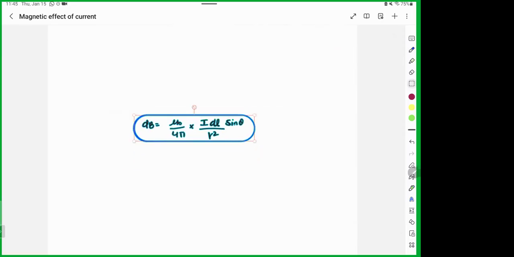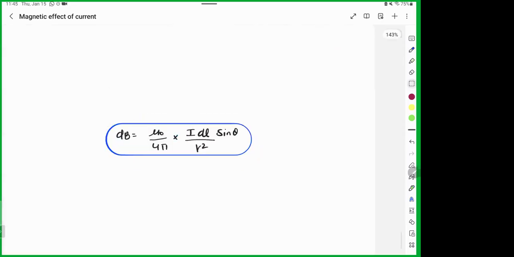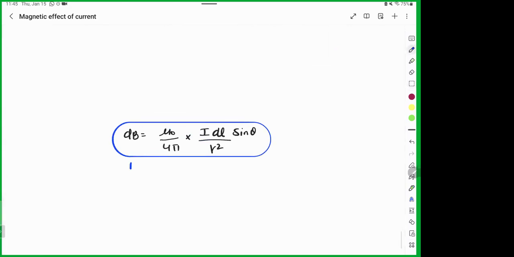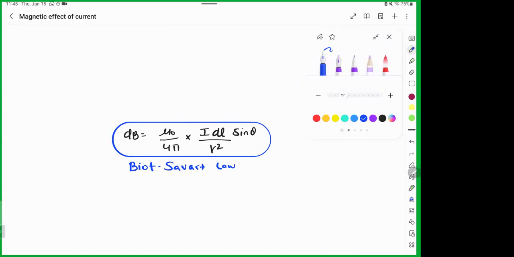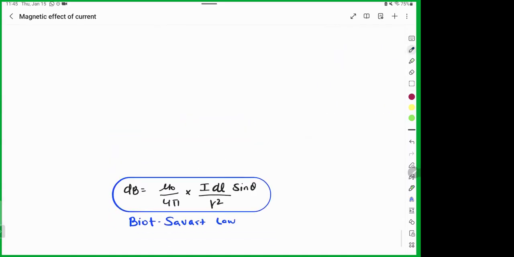Okay, so this is Biot-Savart. First, if you take a rod that is long, you take a length segment.